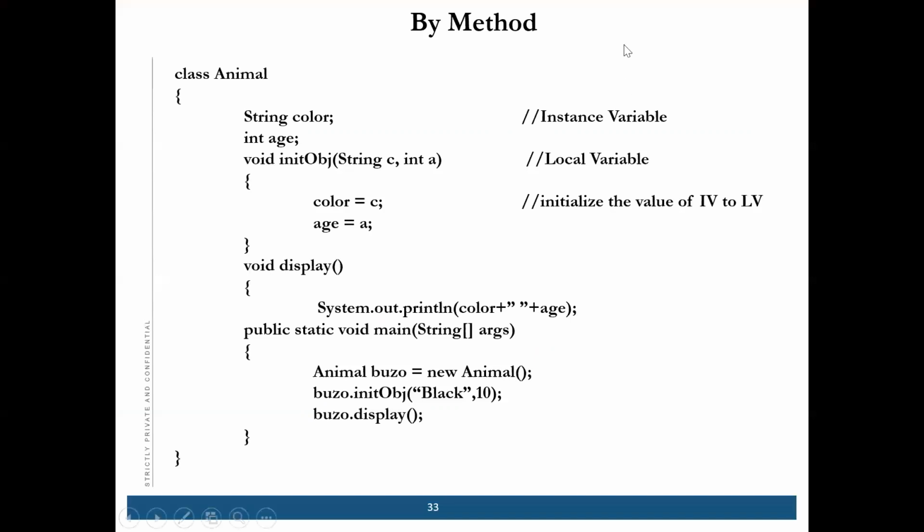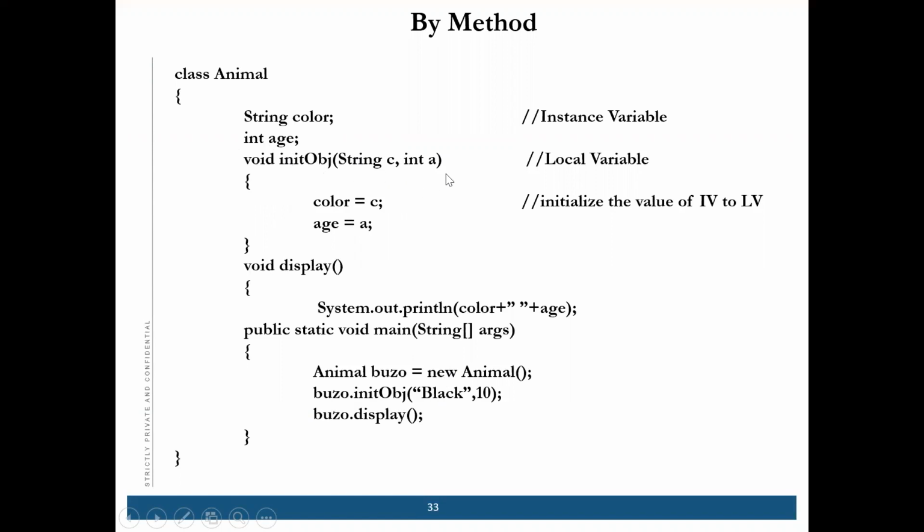You have to look very carefully. This black and 10 we are passing in this method, correct? This is an instance object method. C and A are local variables to this particular method.